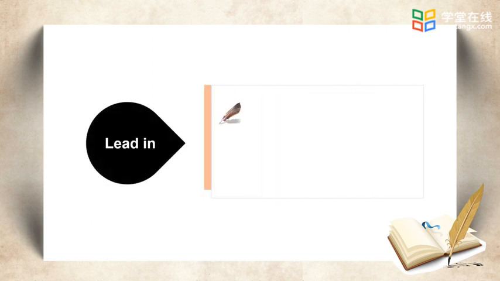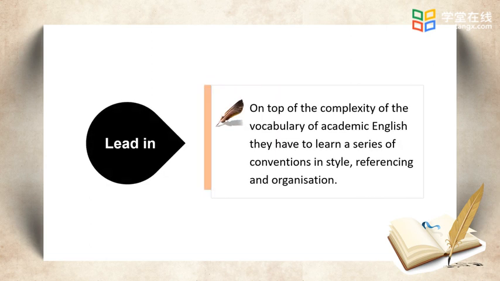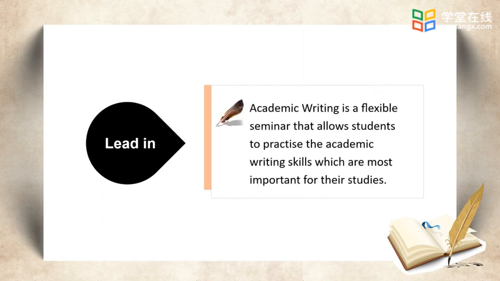On top of the complexity of the vocabulary of academic English, they have to learn a series of conventions in style, referencing, and organization. Academic writing is a flexible seminar that allows students to practice the academic writing skills which are most important for their studies.